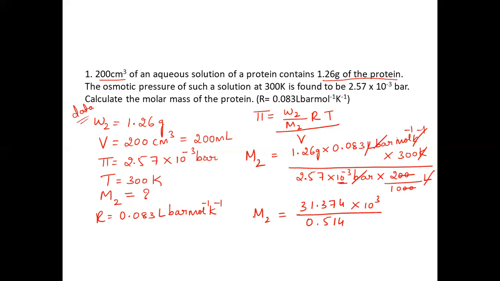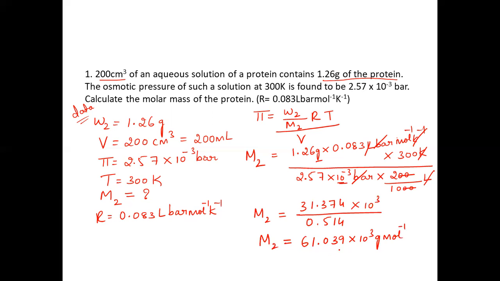Now 31.374 divided by 0.514. So the final answer is the molecular mass of the given protein is 61.039 into 10 to the power of 3. What unit is remaining? Grams per mole. You know that the molecular mass is always given in grams per mole.